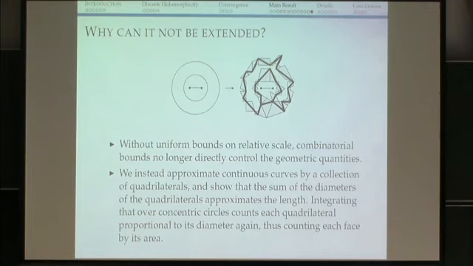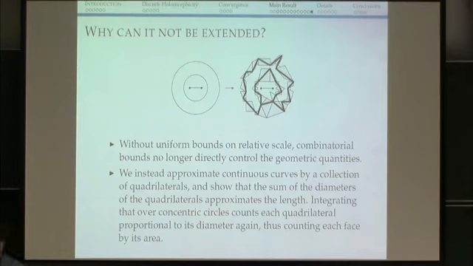And then you want to say that, now that I've done this, this one counts with respect to its diameter and so on, and you take the integral over all r. So this is a half continuous, half discrete kind of argument: you take your ball of radius r, you approximate by a collection of quadrilaterals, and now you actually integrate in r instead of taking a collection of disjoint paths.